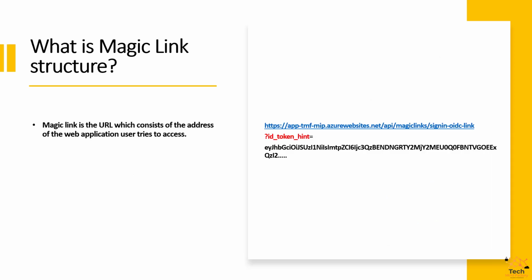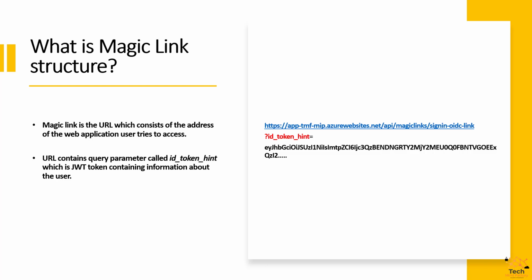So what is the magic link structure? A magic link is a URL which consists of the address of the web application the user tries to access. On the right side, we can see this URL. We can see the address of our web application and a specific endpoint that will handle the ID token hint, which we will describe in a minute. The URL contains a query parameter called id_token_hint, which is a JWT token containing information about the user.